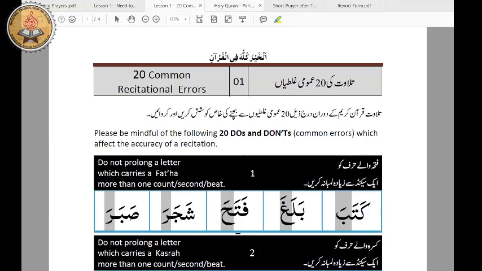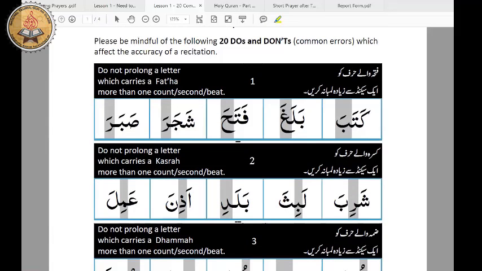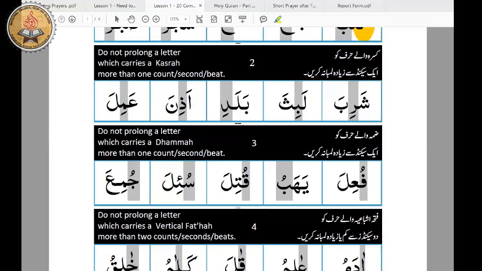Right, so last week, obviously this is my first lesson with you. Last week I think you learned the basic common recitational errors. You learned this with a few other teachers, and you have learned the prolongation, and what happens if there is a fatha, what happens if there is a dhamma.